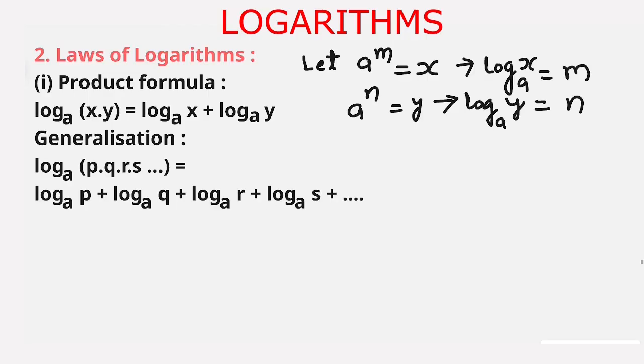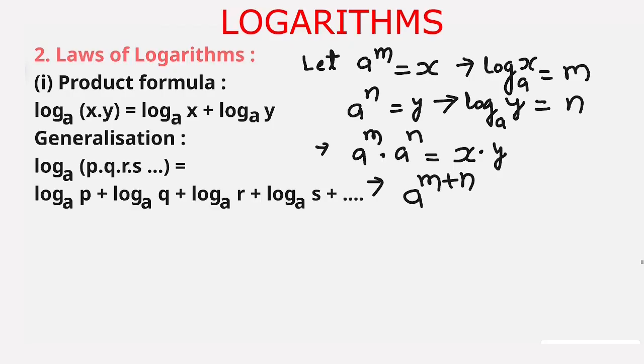Now we multiply a to the power m equal to x and a to the power n equal to y, and we get a to the power m multiplied by a to the power n equal to x into y. This gives a to the power m plus n equal to x multiplied by y.